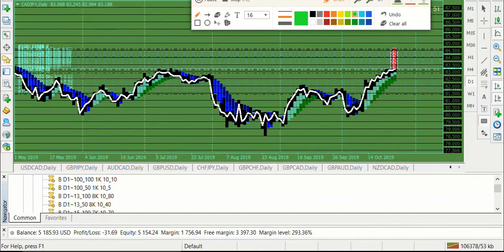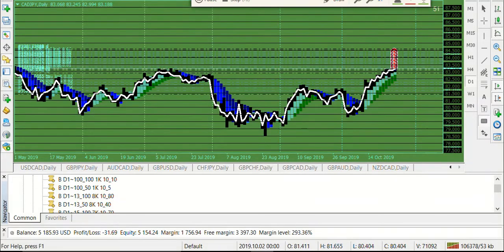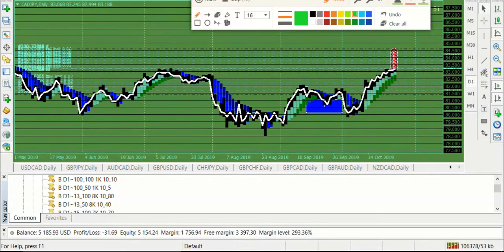If you took a religious view of your indicator and you sold that little baby rally in the blue cloud, you're going to have to do a little bit more thinking than that, and accept the fact that this box here is important. Right? That's the fact that it fell in and it took out that low. That's something that I don't think goes unnoticed by the market.